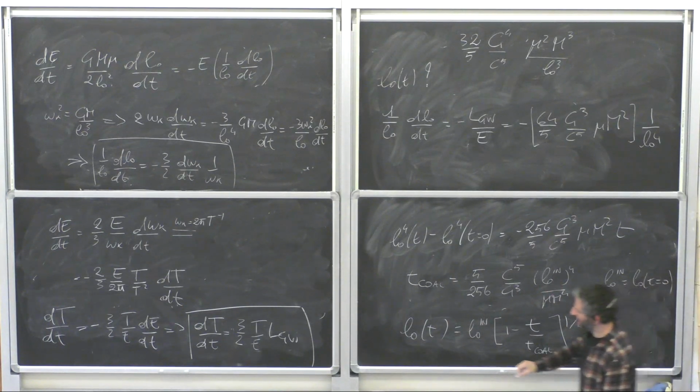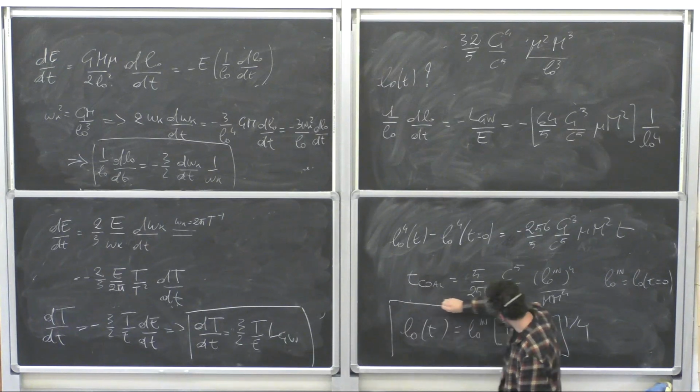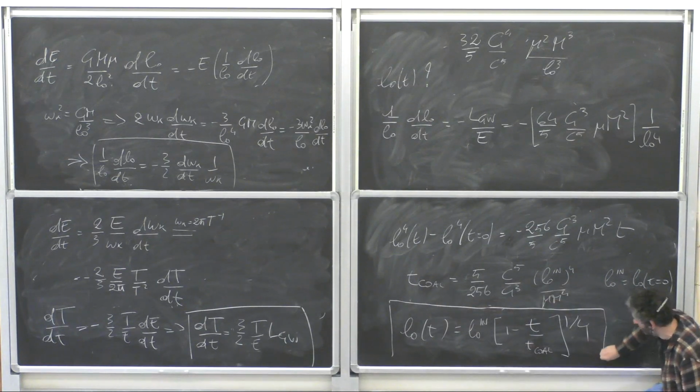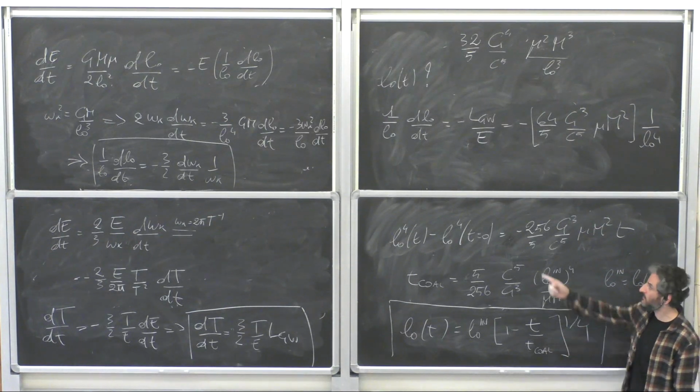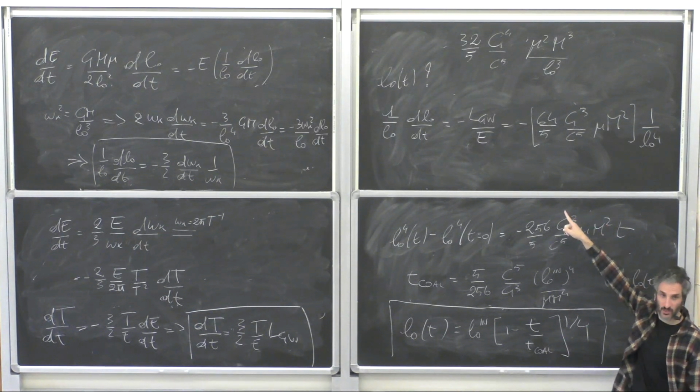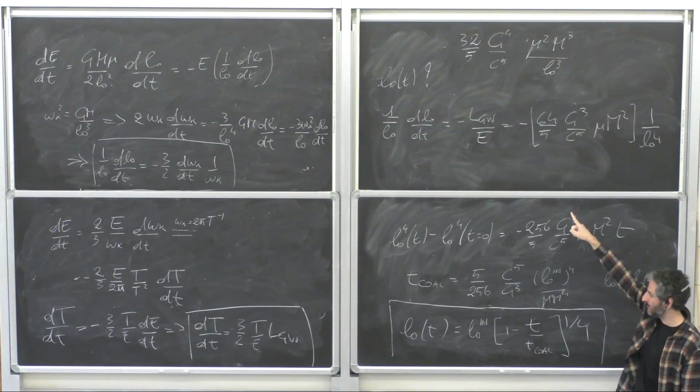This basically gives you the evolution of the orbital distance between the two objects. Again, the orbital distance changes because there is a gravitational wave luminosity, so the system is losing energy.